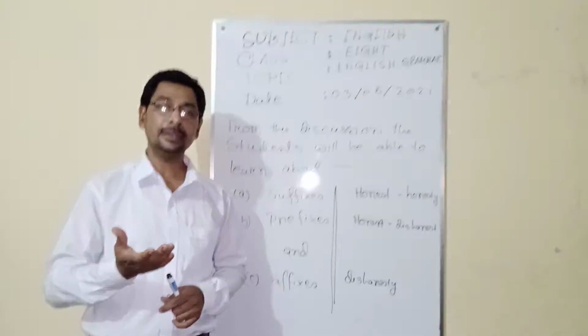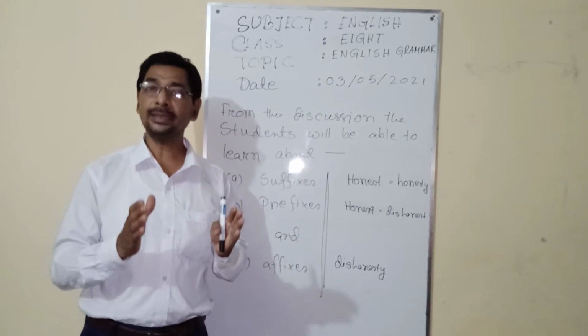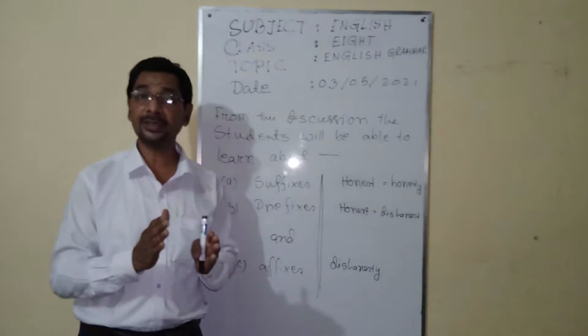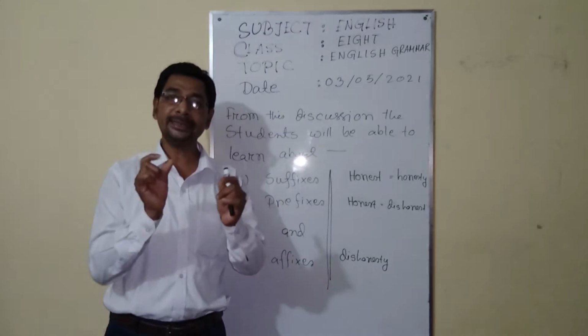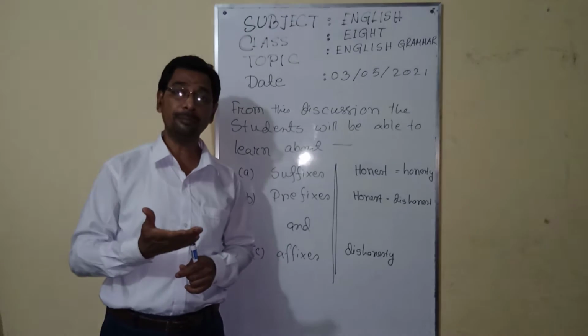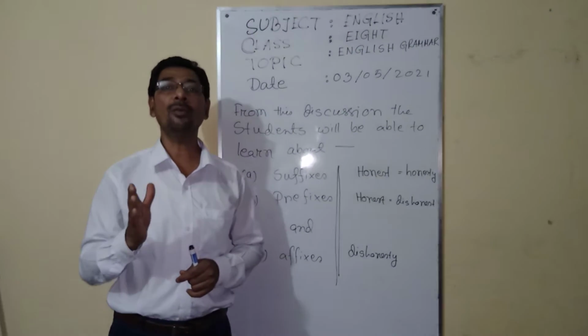And before this, we have to know about syllables. What is a syllable? There is a close connection between suffixes, prefixes, affixes, and syllables. If you break down a word, you will find some syllables. For example, honesty: honest plus y.